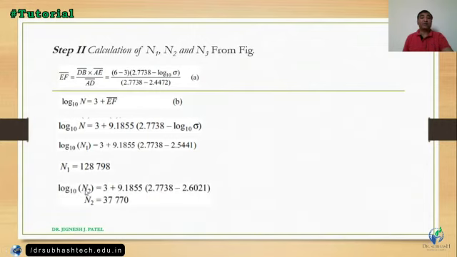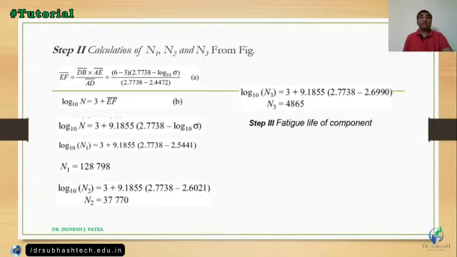Similarly, find n2 by putting the value of sigma 2 in this equation. So n2 is equal to 37,770 cycles. Similarly, you can find n3, which is equal to 4,865 cycles.